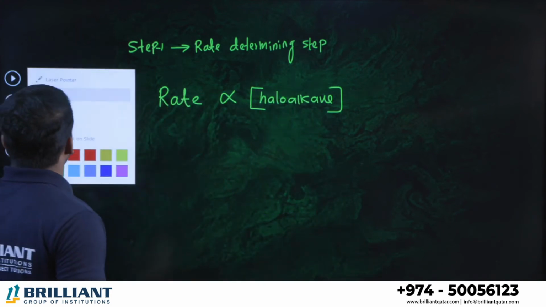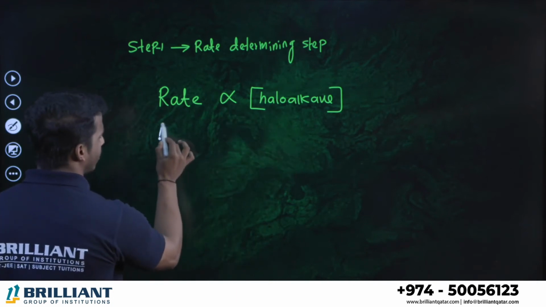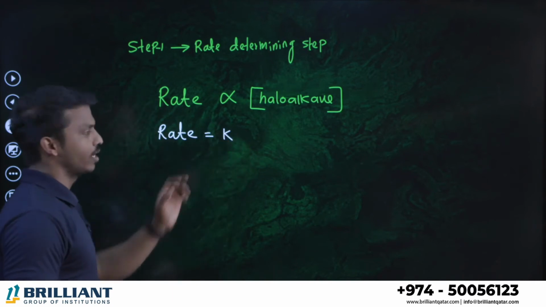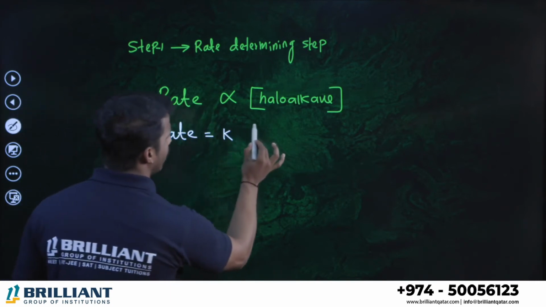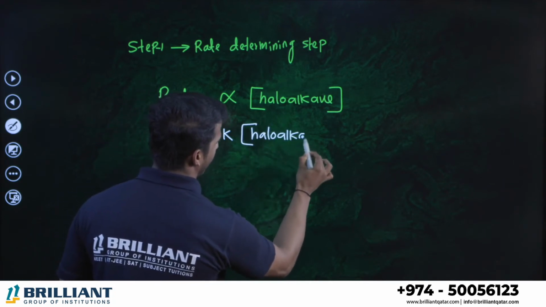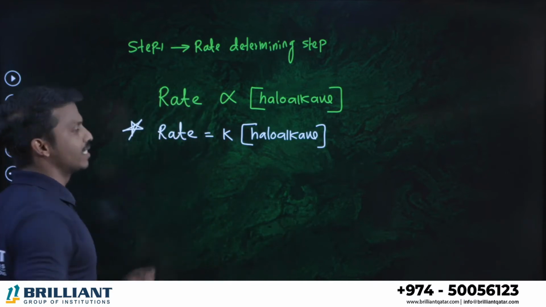Next. When we remove the proportionality by a constant, we can say rate is equal to k times the concentration of haloalkane. This constant is called the rate constant. This is the rate equation for the SN1 mechanism.